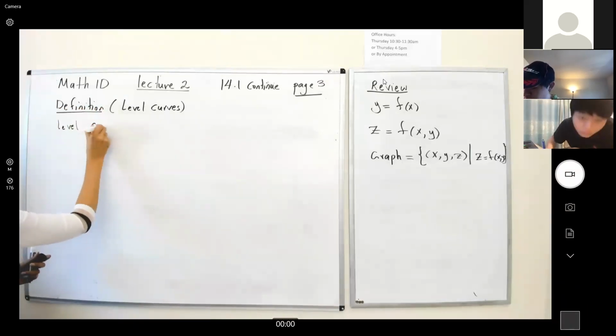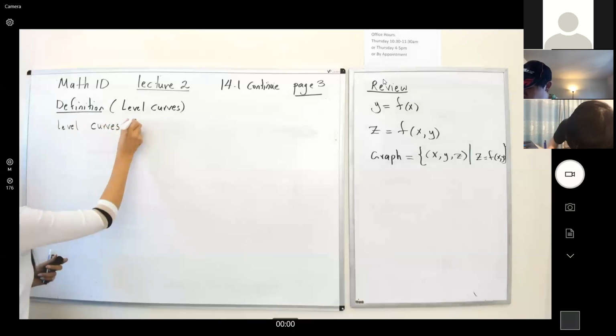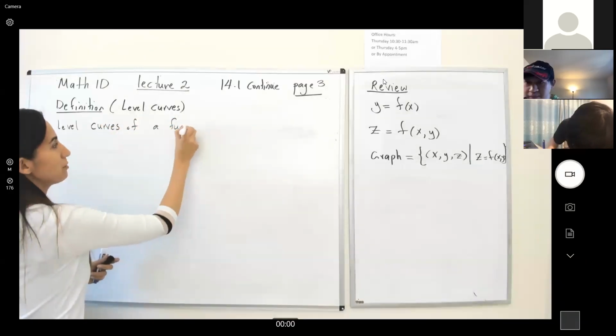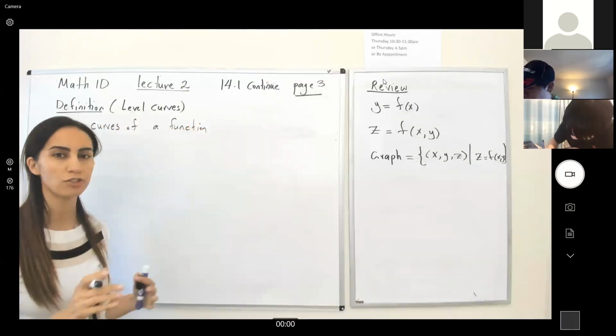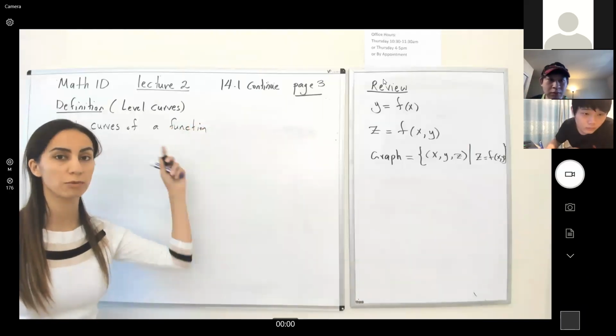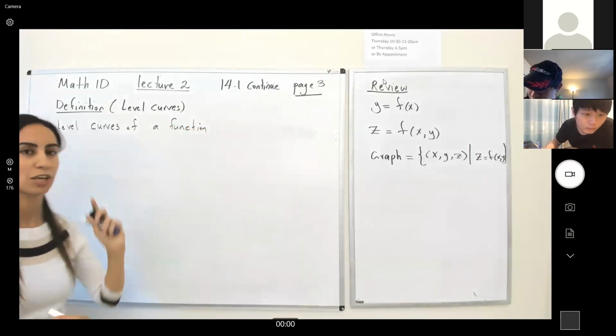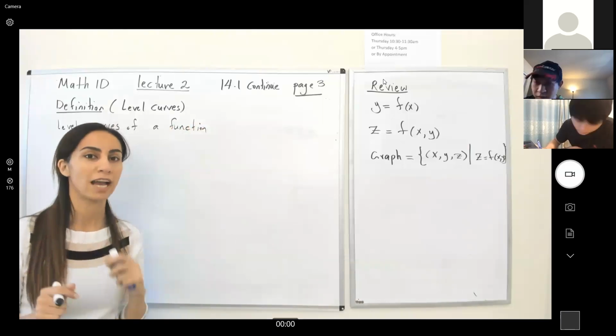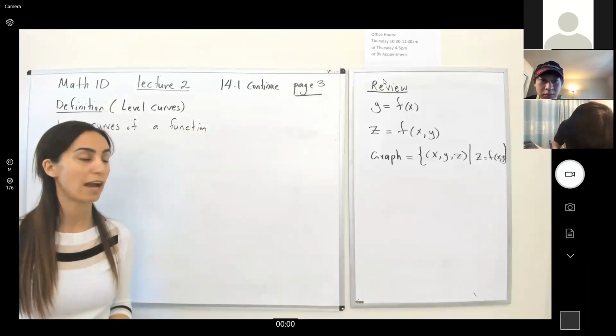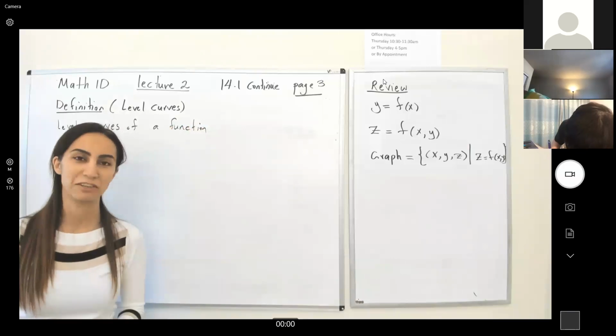Especially we're interested in functions in two variables when we are talking about level curves. Later on, we will see level surfaces if we have functions in three variables.